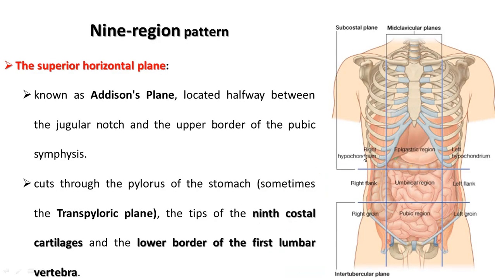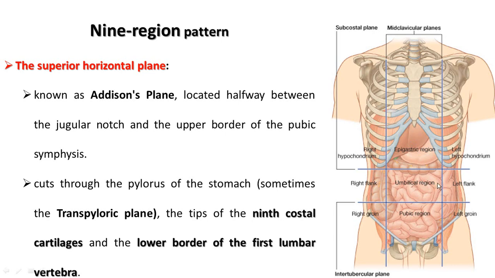They are named the right hypochondrium, left hypochondrium, right flank or right lumbar region, and left flank or left lumbar region. The lowest part is the right groin and the left groin, or right iliac fossa and left iliac fossa.